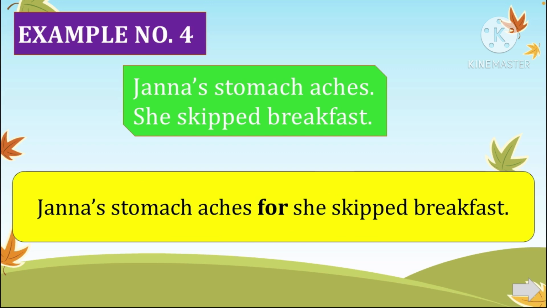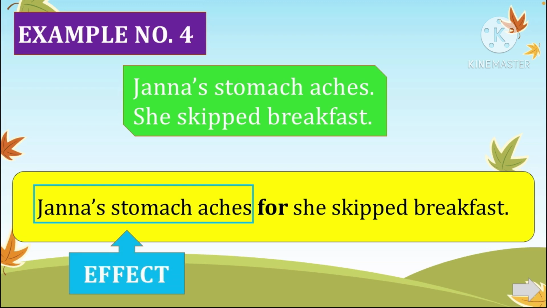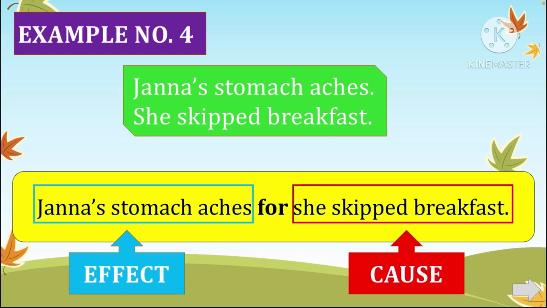And which independent clause shows the effect? Jana's stomach aches shows the effect or the result. You're right. And she skipped breakfast shows the cause or the reason why it happened. The coordinating conjunction is the word for.